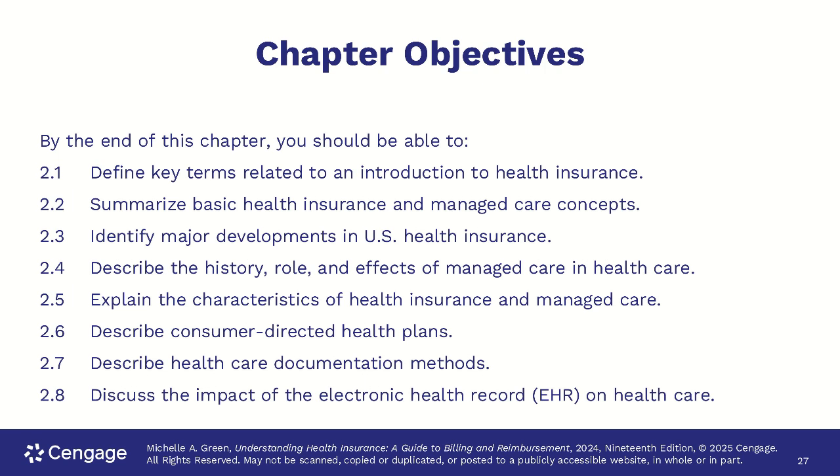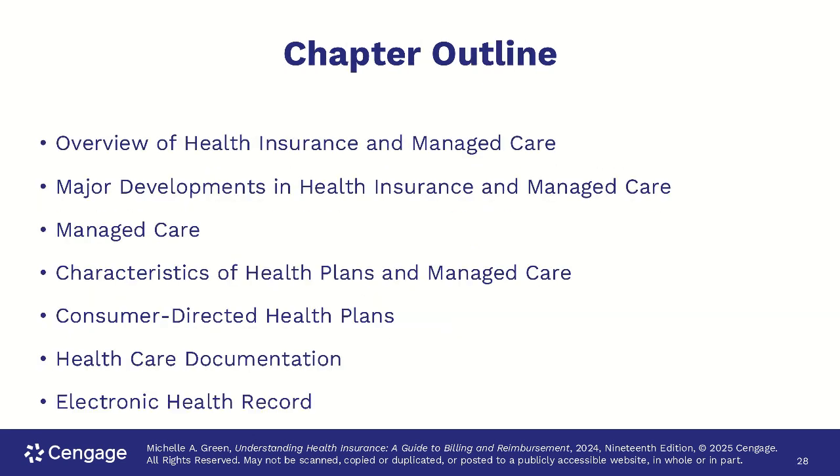We are also going to look at managed care from the perspective of history, role, and effects. We're going to look at the characteristics of health insurance and managed care, consumer directed health plans. Documentation is key for insurance, and then the impact that the electronic health record has had on healthcare.